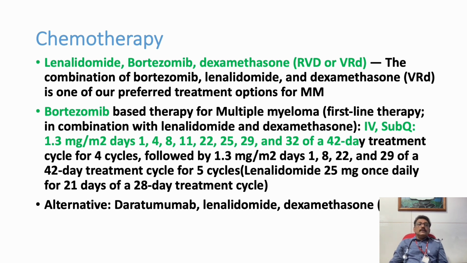Bortezomib is given as first line therapy in combination with lenalidomide and dexamethasone, IV or subcutaneous, 1.3 milligram per meter square, on days 1, 4, 8, 11, 22, 25, 29, 32, along with the other drugs, lenalidomide and dexamethasone. An alternative drug is daratumumab, which is an alternative for bortezomib.